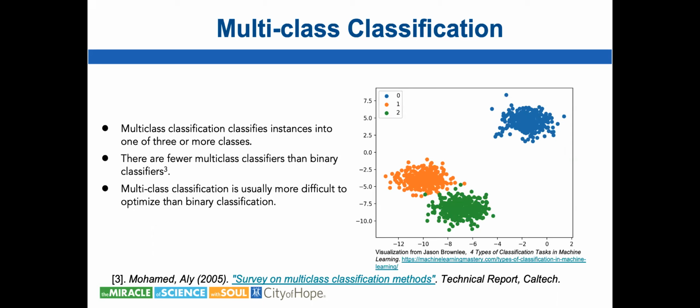And another thing to keep in mind is that there are actually fewer natural multi-class classifiers than there are binary classifiers. And that multi-class classification is actually more difficult to optimize than binary classification is. And this can be due to a multitude of situations. In particular, class imbalance is actually a huge reason for this, because instead of looking at the imbalance between two classes, you're looking at the imbalance between multiple classes.